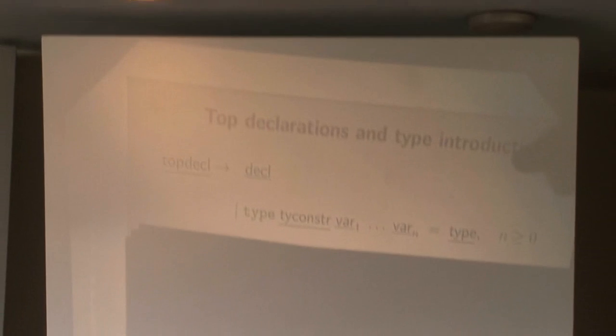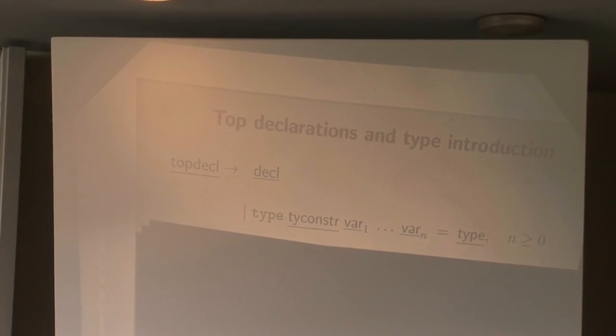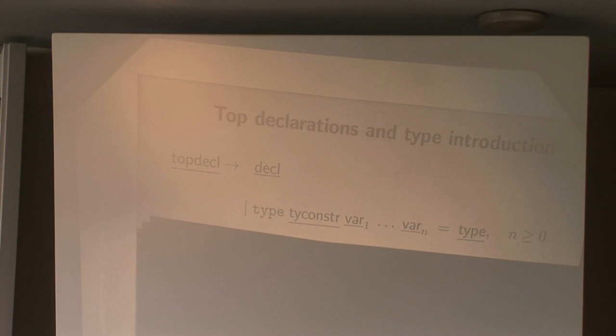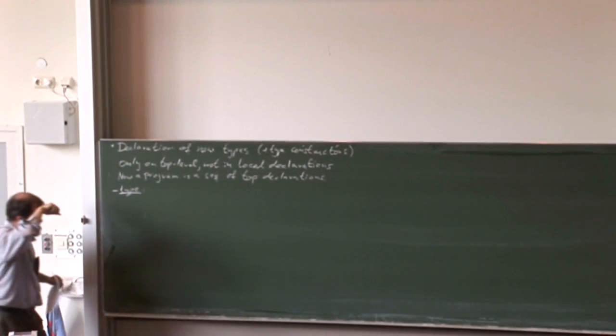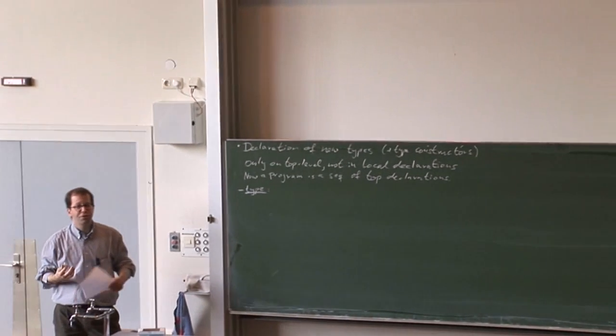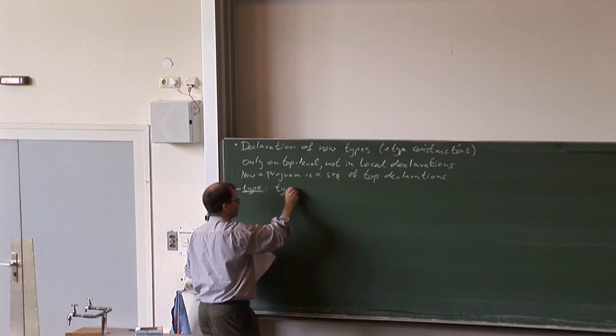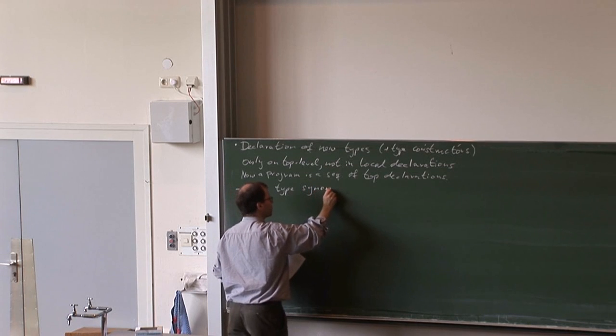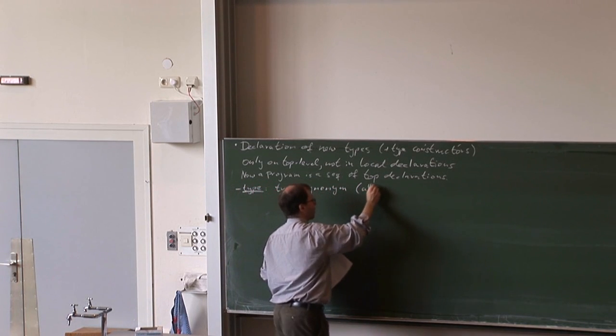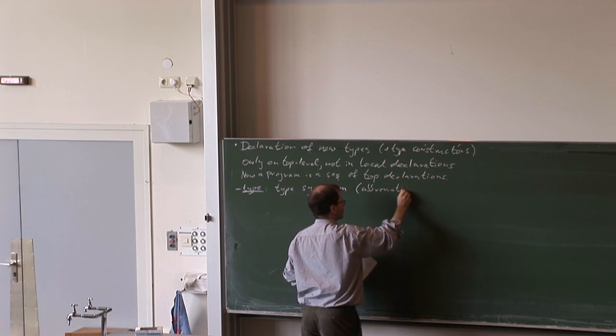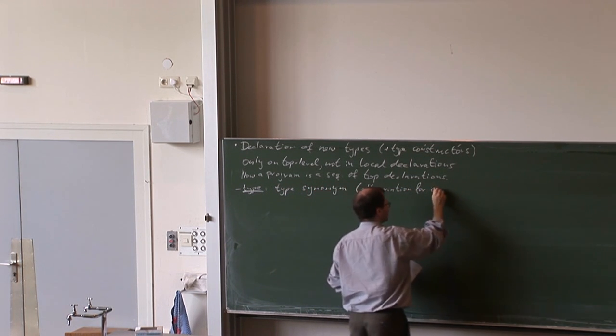The first possibility is that you can introduce new types using the keyword type. Not surprising. And this is the first variant of how you can do this. If you use the keyword type, then what you introduce by this is just an abbreviation for a type which you could also express otherwise. This is called a type synonym, or Typabkürzung in German. So this is only an abbreviation for already existing types.